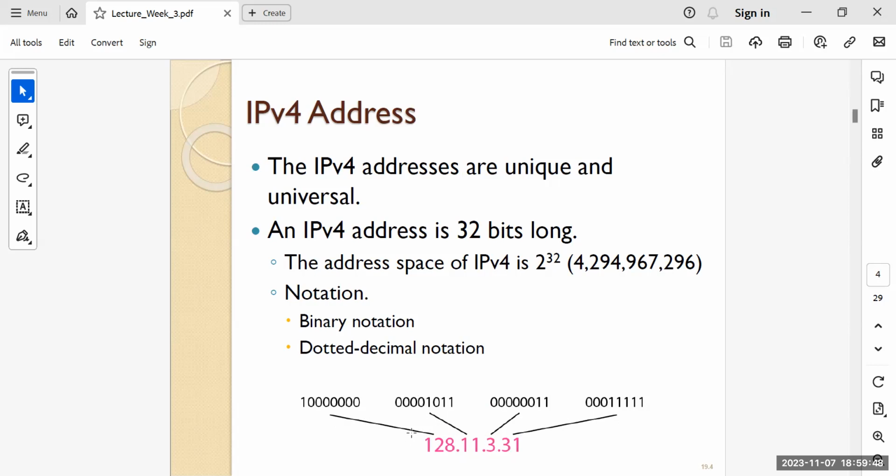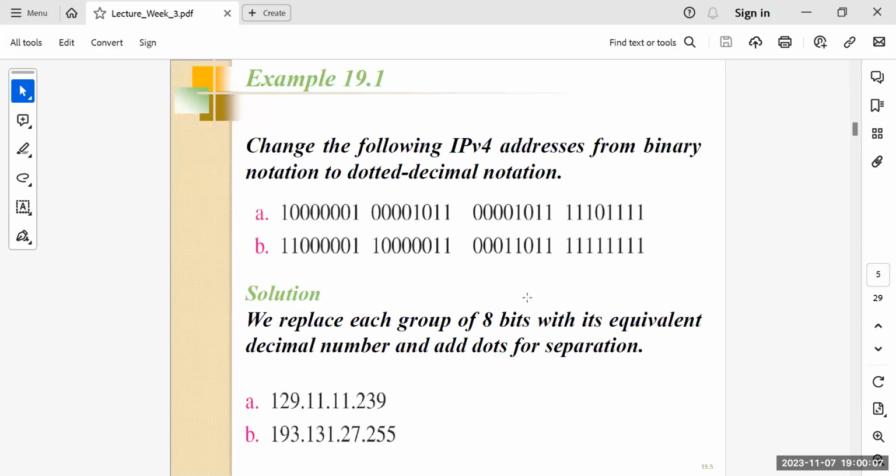You must have seen this convention that there are 4 bytes, and when converted to decimal numbers, they are usually represented with a full stop, or you say a period. So there are 4 bytes corresponding to the 32 bits of an IPv4 address. Let's see: change the following IPv4 addresses from binary notation to dotted decimal notation.